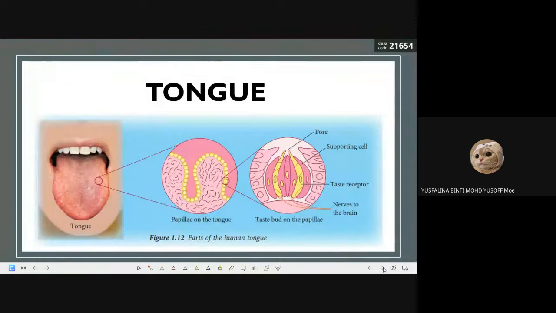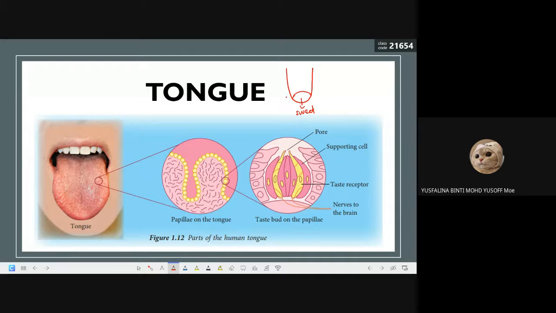Okay, now we look at the tongue. Before we go further, let's see the parts of the tongue for taste. So let's say this is your tongue. At the front, this one is sweet. It detects the sweet taste.